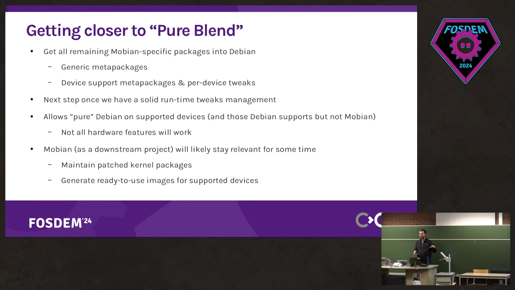So we can just install everything Mobian from the Debian repos. Not all hardware features will work unless you use the Mobian provided kernels, of course. So Mobian will stay relevant for some time at least. And we'll also still be able to generate ready-to-use images, which will make things easier for users rather than having to build them themselves from the Debian packages.